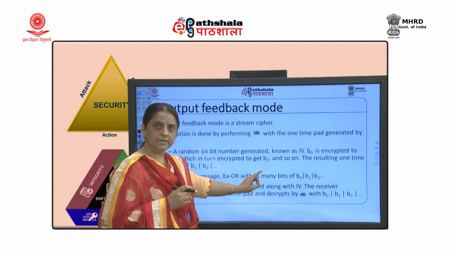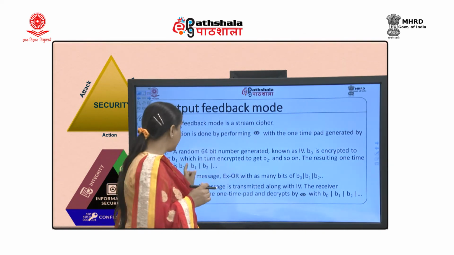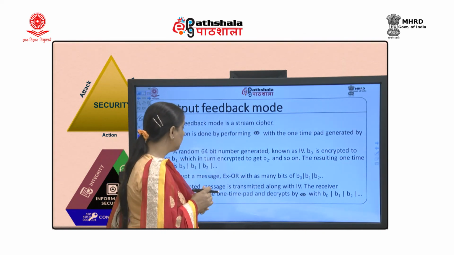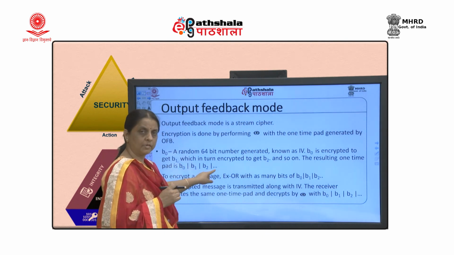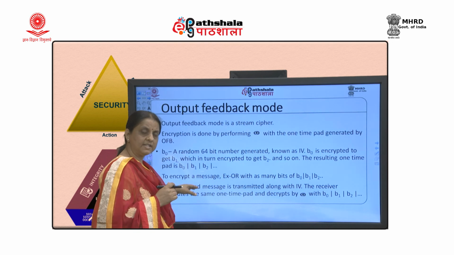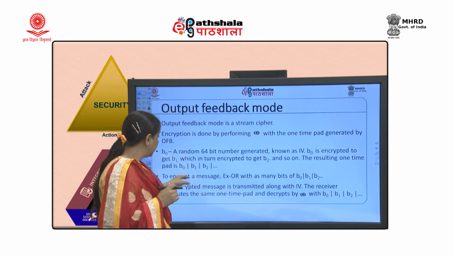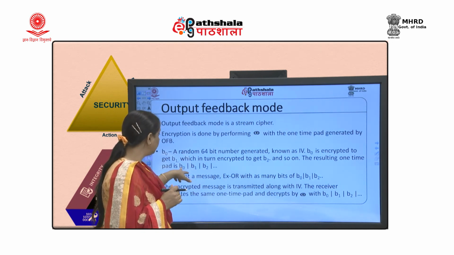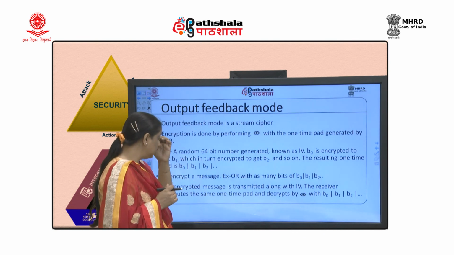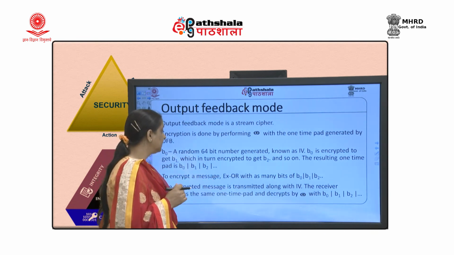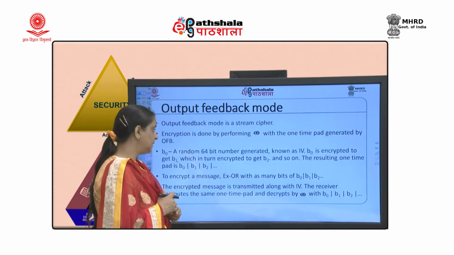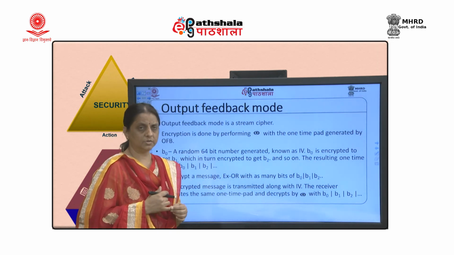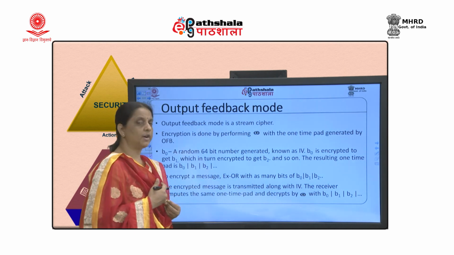Once again encrypt B0 to get B1, encrypt B1 to get B2. So, we will get B0, B1, B2. Now, whatever the size of input is, take as many bits out of B0, B1 and B2 and exclusive OR with them. The encrypted message is then transmitted along with IV to the receiver and the receiver computes the same one time pad.